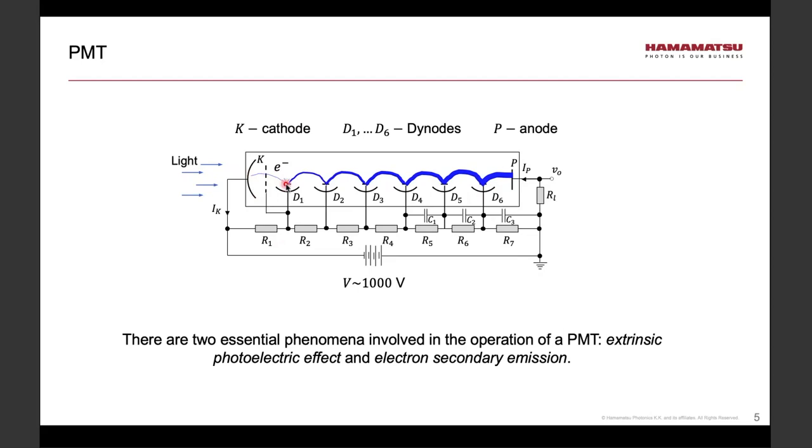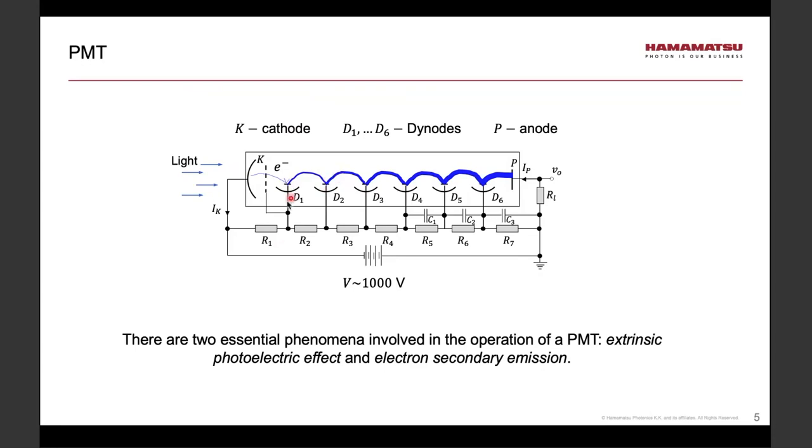Some number of these electrons will be re-emitted, typically 3, 4, 5 or so, from the first dynode. These electrons then in turn will be accelerated towards the second dynode, where again they're going to smash into the dynode, share energy with other electrons, and an ever larger number of electrons will be re-emitted.